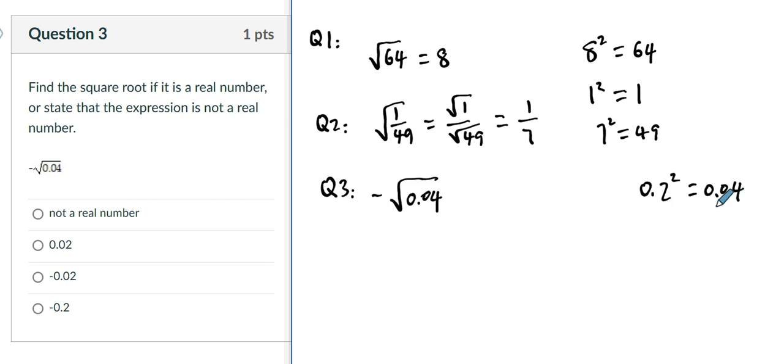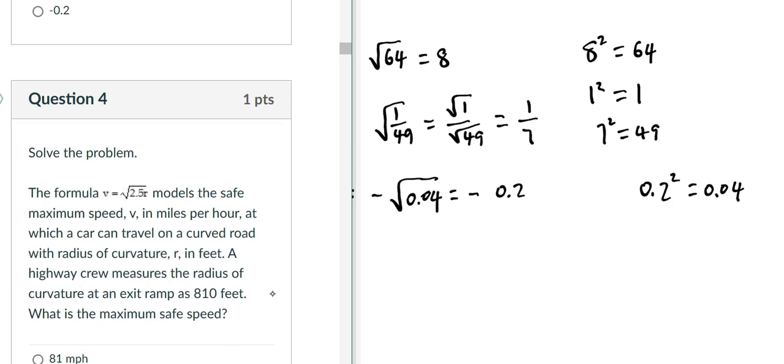And then you can see when you go back from 0.04, you actually get 0.2. And there is a negative in front of it, so you put negative. In this case, the last one is our choice. Okay.